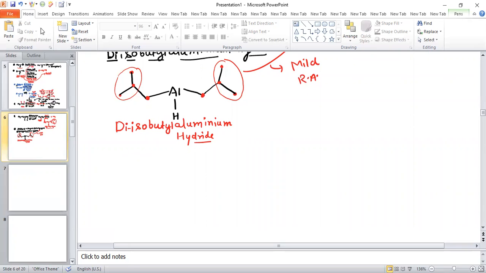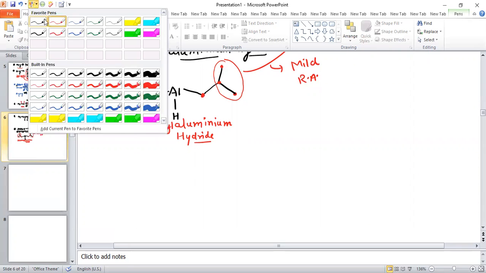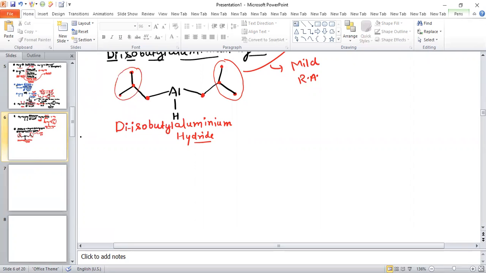So if the compound is given like this, RC triple bond N, and we add DIBAL-H, which is diisobutyl aluminium hydride.